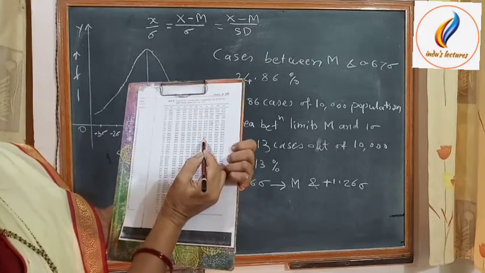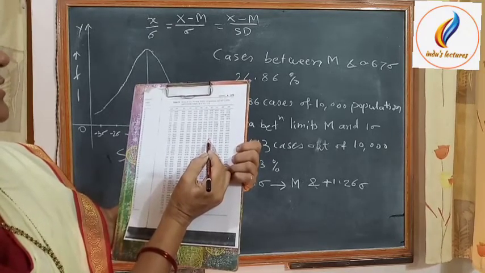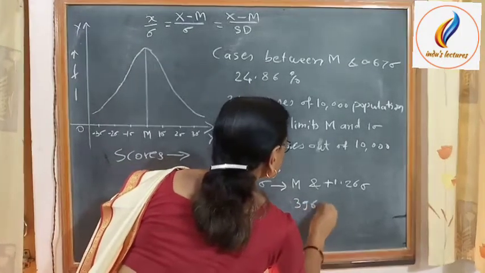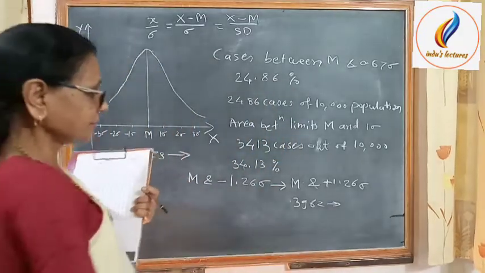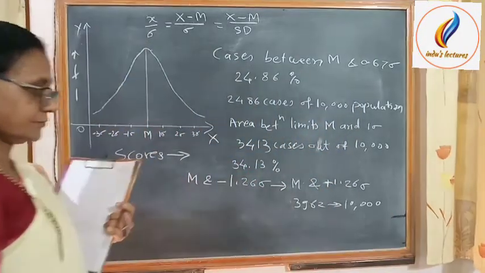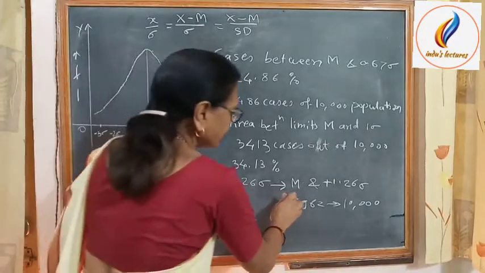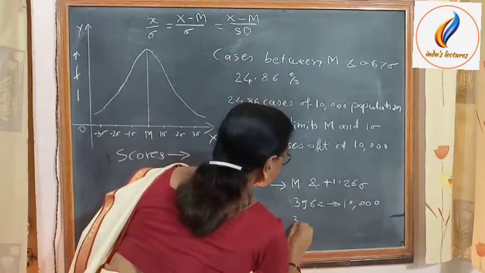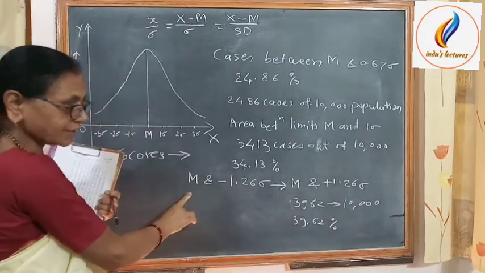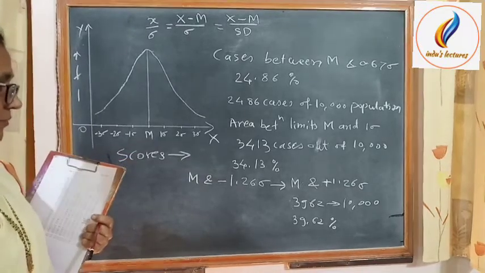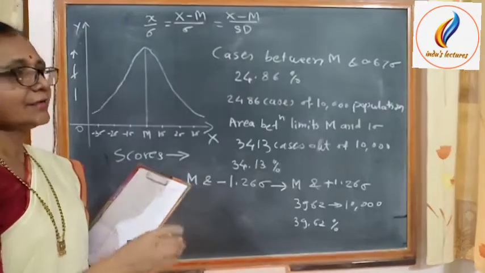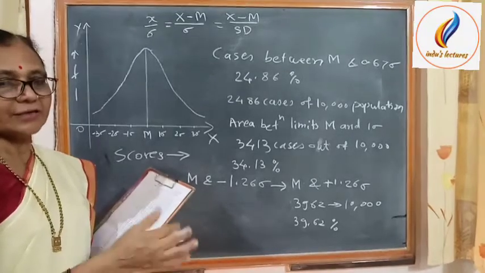We found that there are 3,962 cases out of 10,000, or we can say that the percentage of cases between mean and plus 1.26 sigma is 39.62%, and it is the same between mean and minus 1.26 sigma.